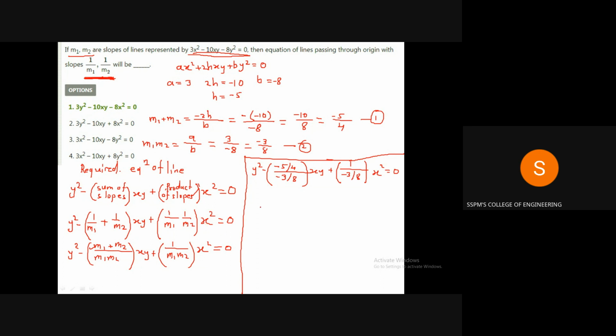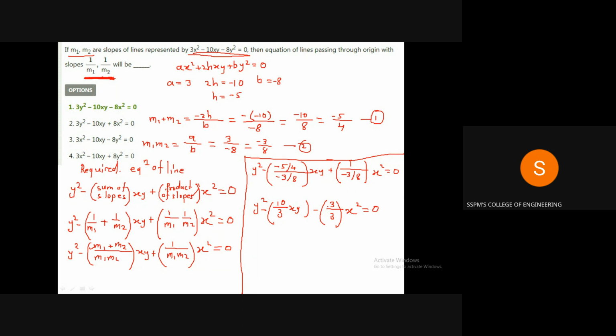So after solving we will get y square minus, this minus minus will get cancelled, and if you solve these fractions you will get 10 by 3 xy minus, the reciprocal of 1 upon minus 3 by 8 will be 8 divided by minus 3, 8 divided by 3 x square is equal to 0.